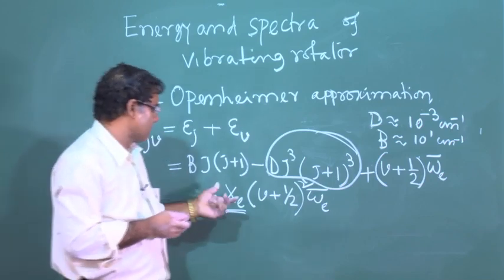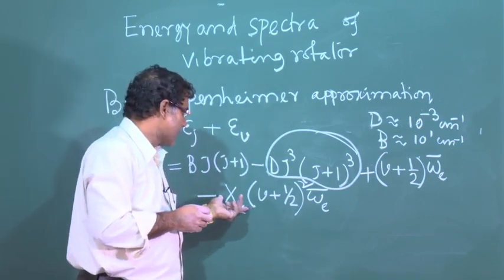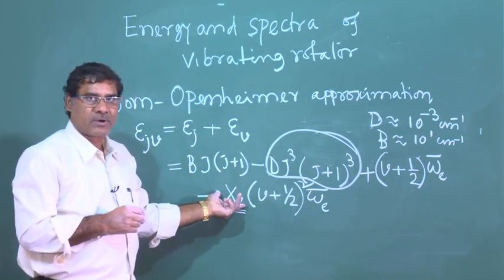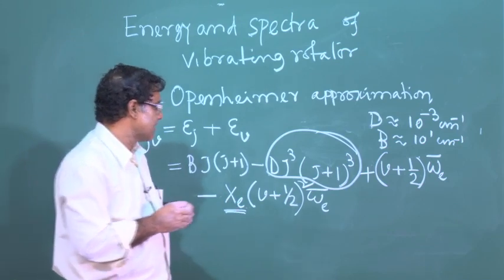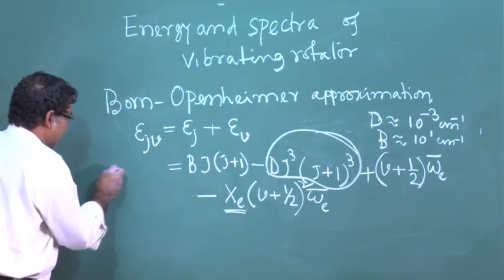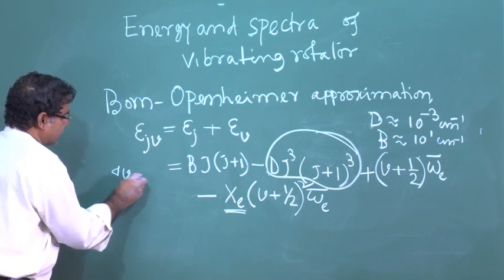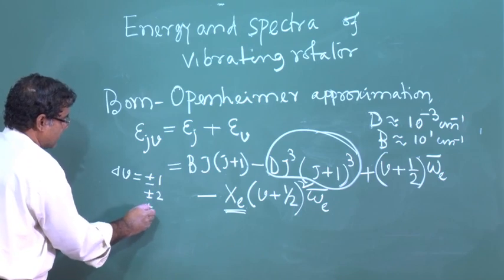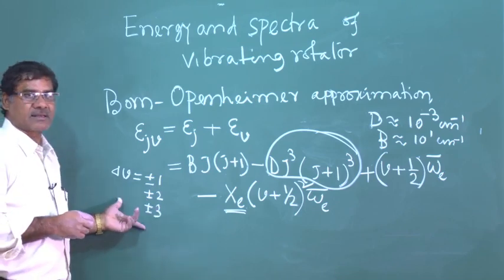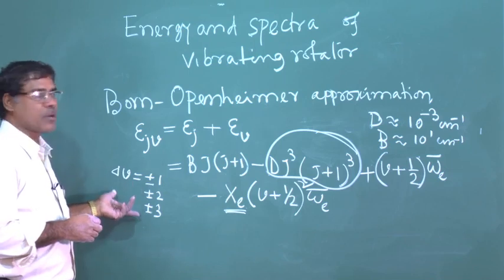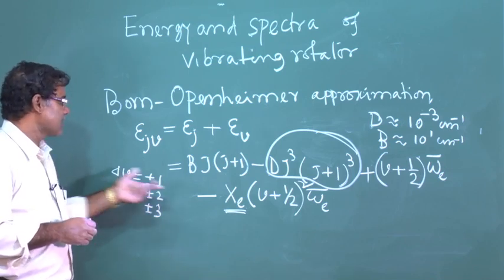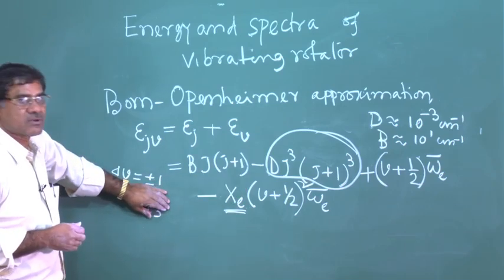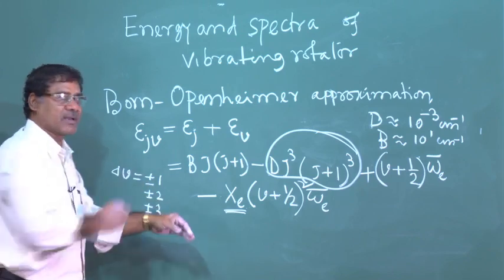The anharmonic constant is also a very small value, but we do not neglect it, because then we will lose the selection rule delta V equal to plus minus 1, plus minus 2, plus minus 3. This selection rule is valid because of anharmonicity. If we neglect anharmonicity, one has to use only the selection rule delta V equal to plus minus 1.